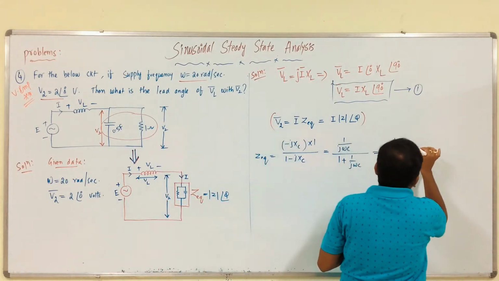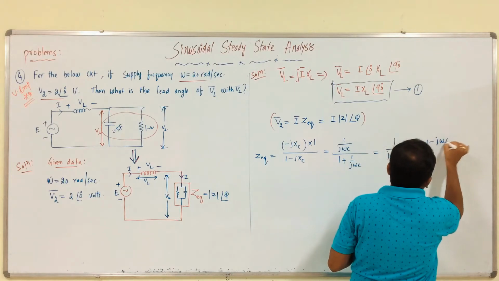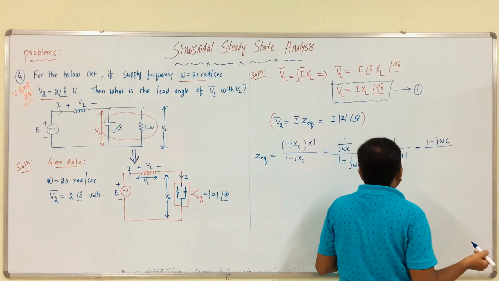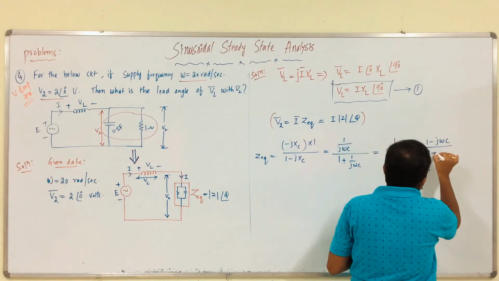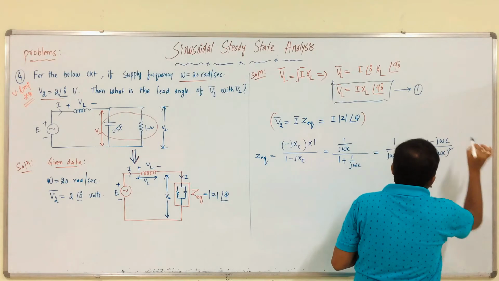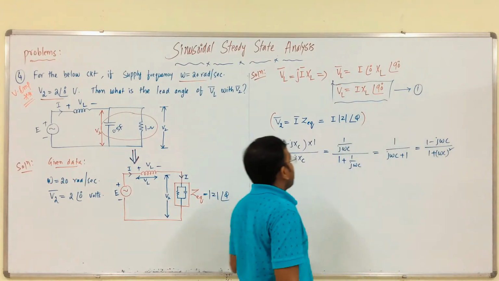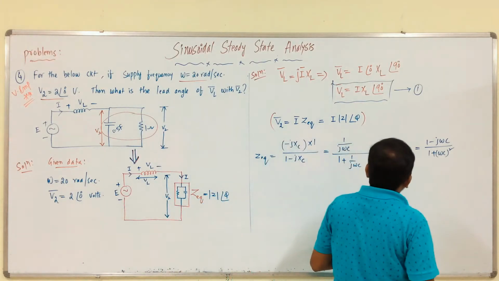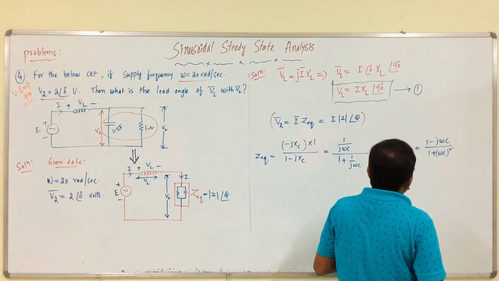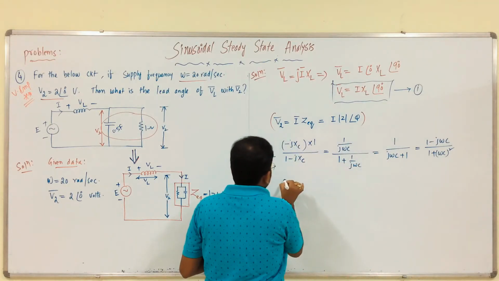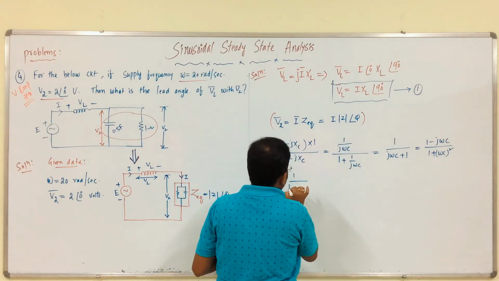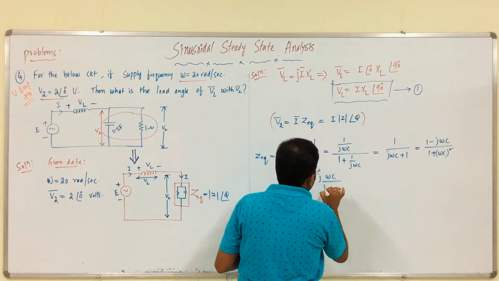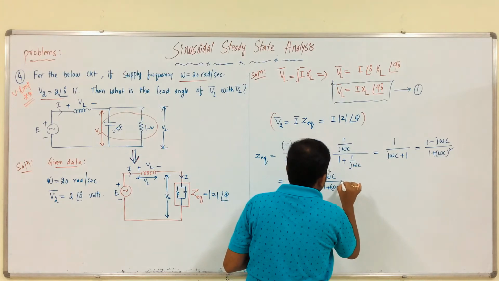Therefore, we got 1 minus j omega C by 1 plus j omega C into 1 minus j omega C, that is A squared minus B squared, that is 1 plus omega C whole squared. So Z equivalent is 1 by 1 plus omega C squared minus j omega C by 1 plus omega C squared.